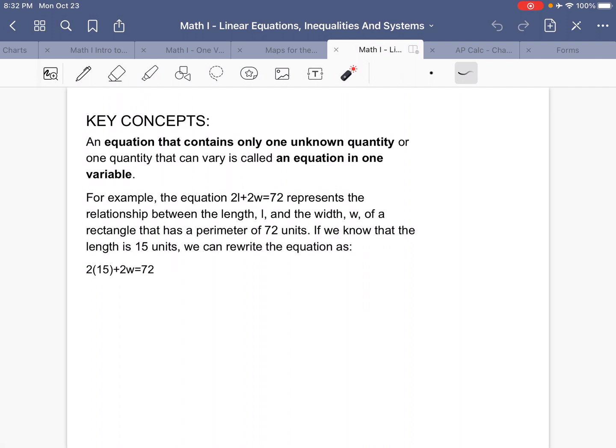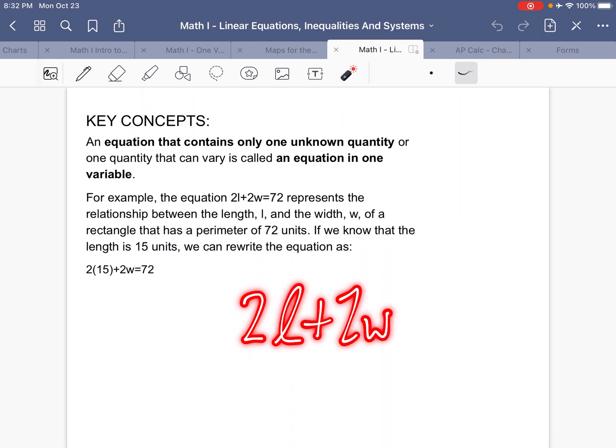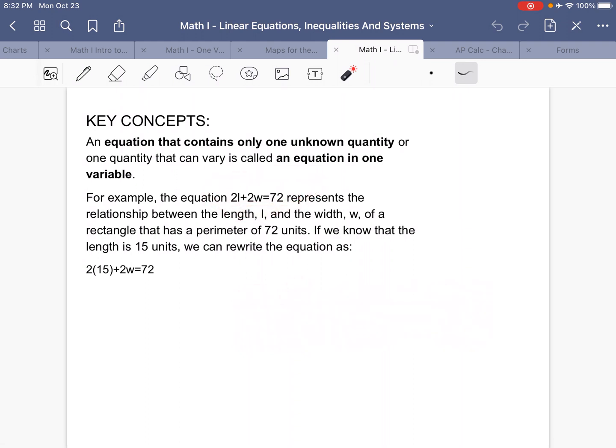So, key concepts. An equation that contains only one unknown quantity, or one quantity that can vary, is called an equation in one variable. For example, we have this equation 2L plus 2W equals 72. It represents the relationship between the length and the width of a rectangle that has a perimeter of 72 units.